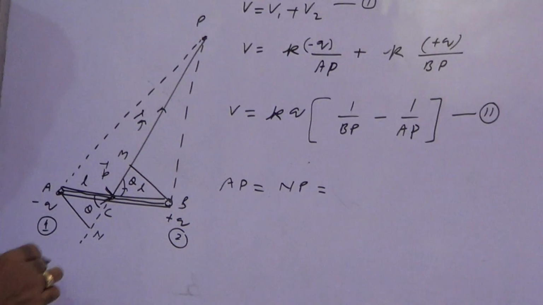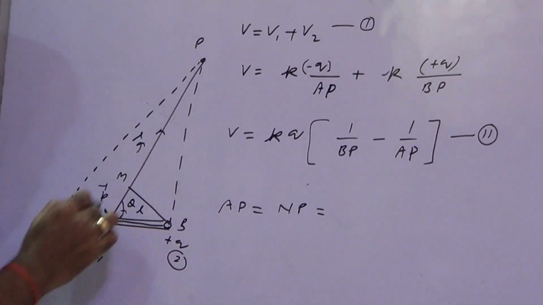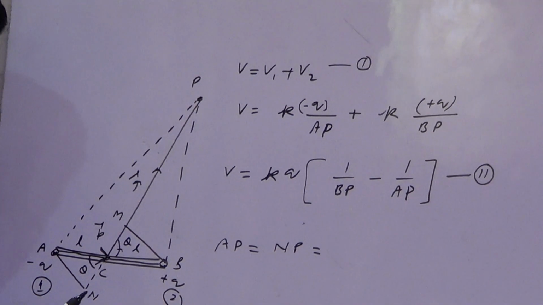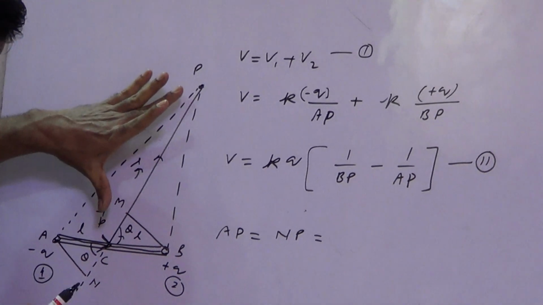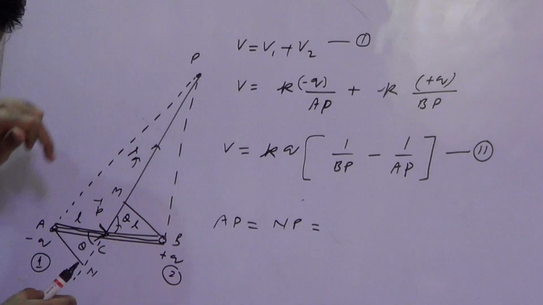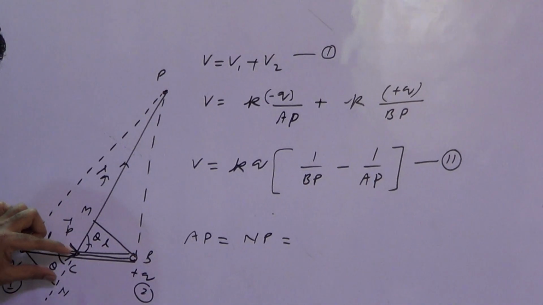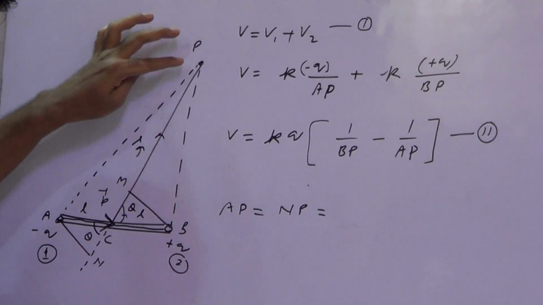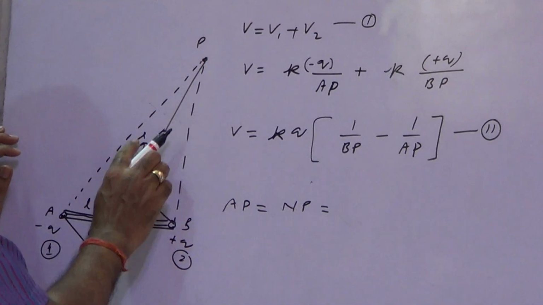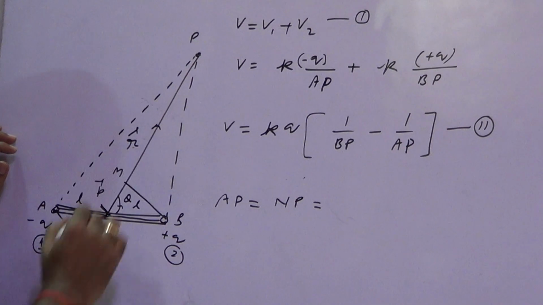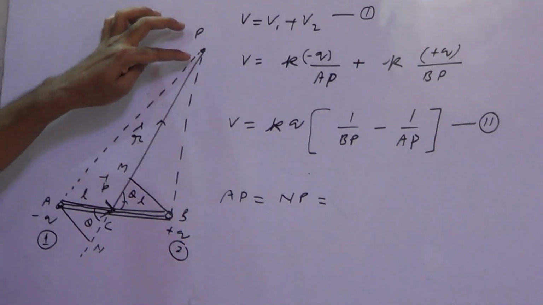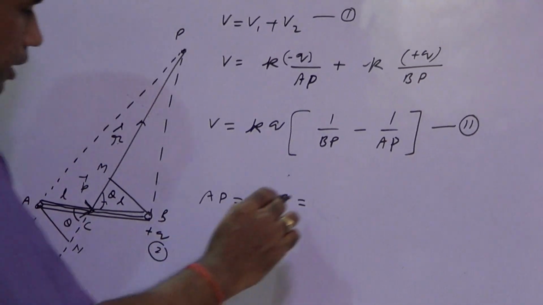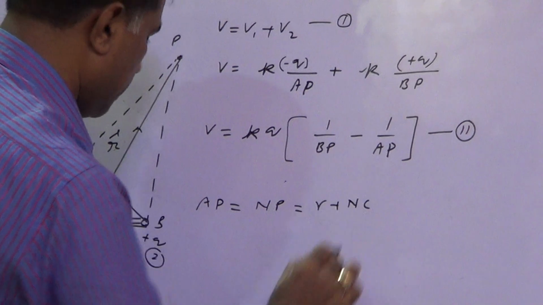Now see this distance NP. It is equal to this r plus NC. This whole distance from here to here, children, is r, it is written here as small r, plus NC. So NP is r plus NC.